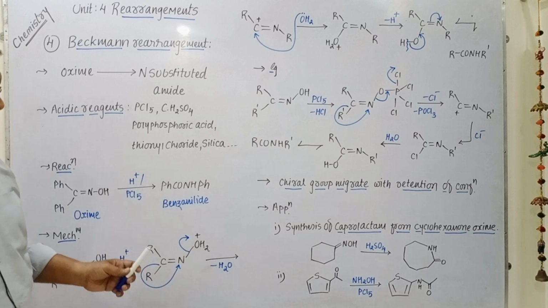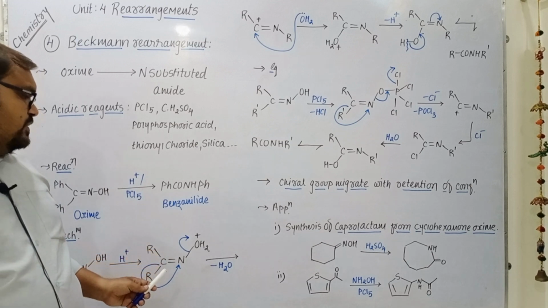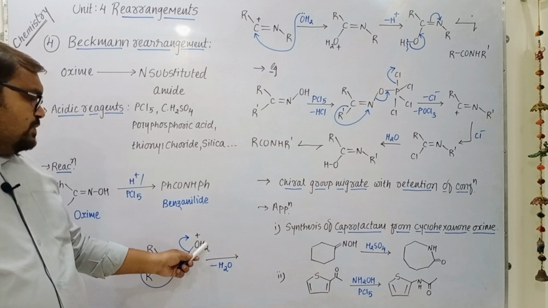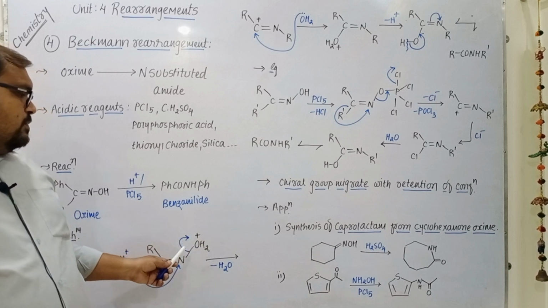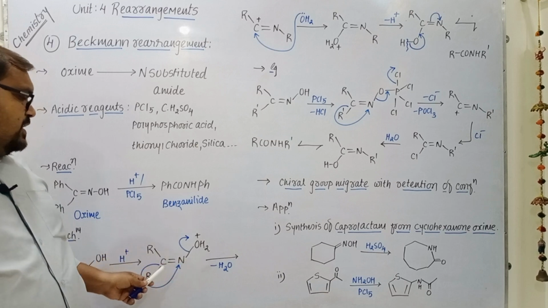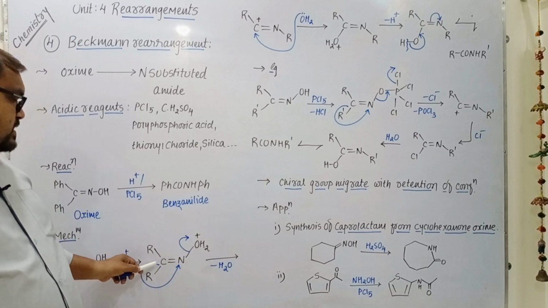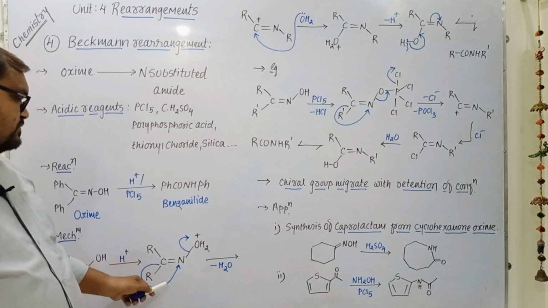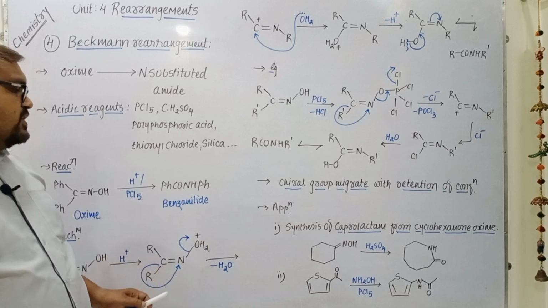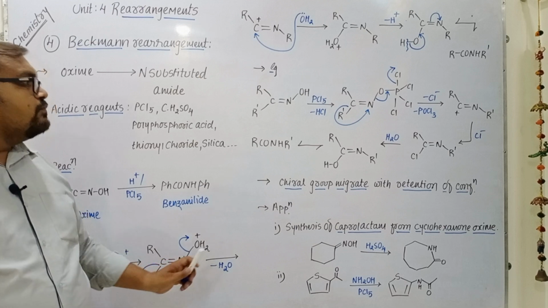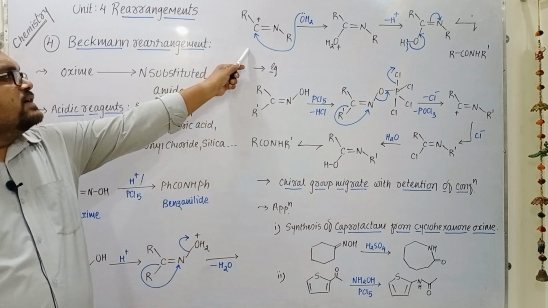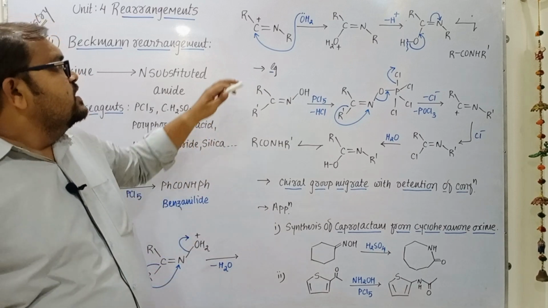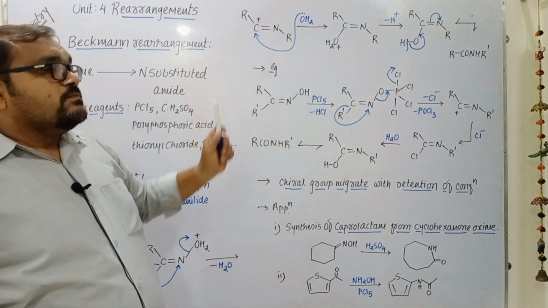Then in the next step, this OH2 plus will leave by taking this bonding pair, and this alkyl group with its bonding pair of electrons is shifted towards the nitrogen, right?